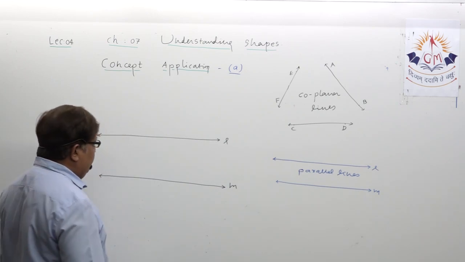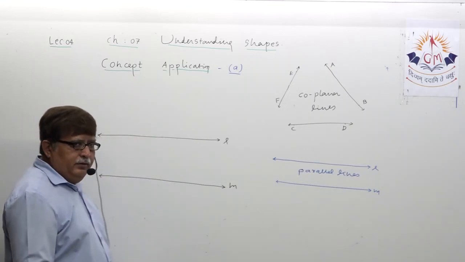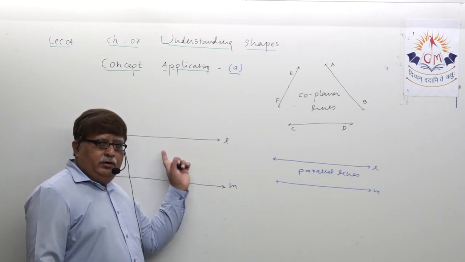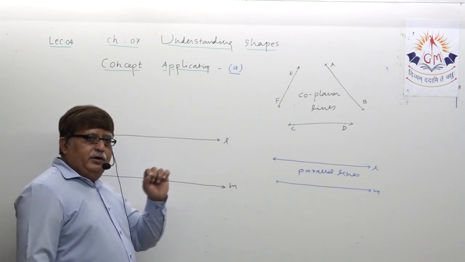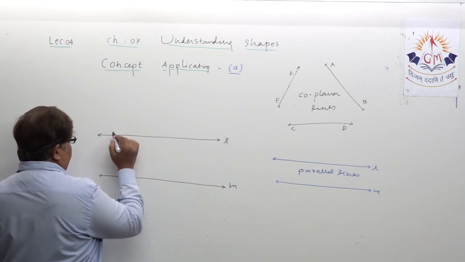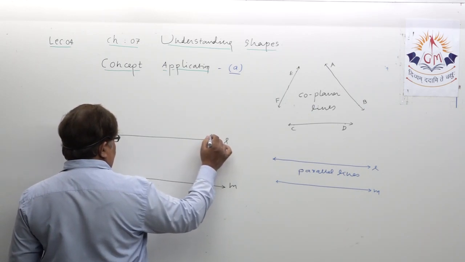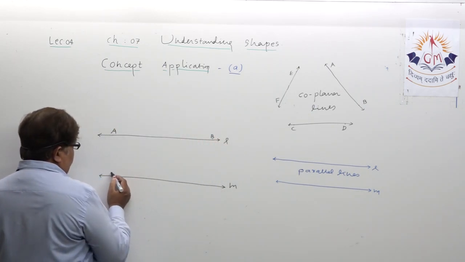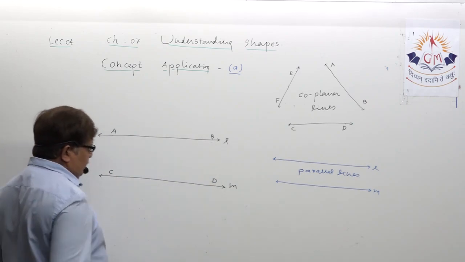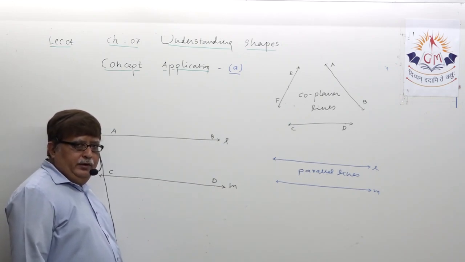And my dear student, you all know that a line is a set of innumerable points, but at least I can show 2 points. Suppose I show points A and B, and here C and D. These are two coplanar lines.